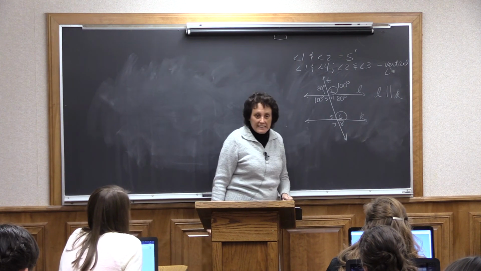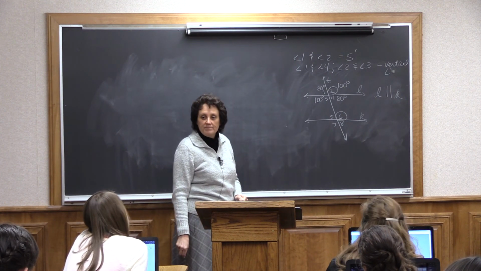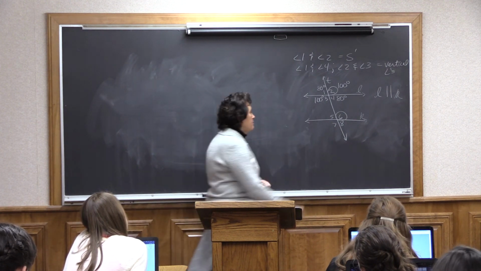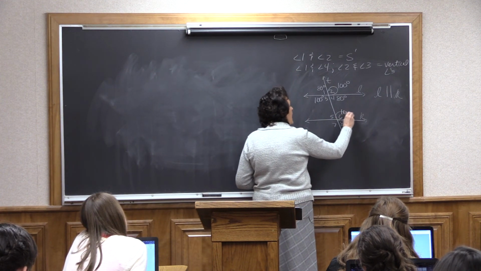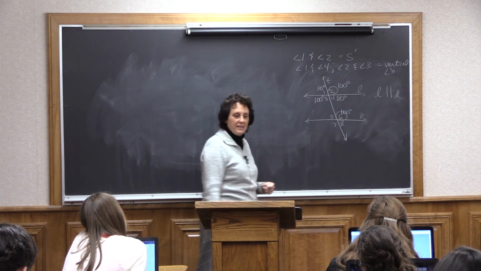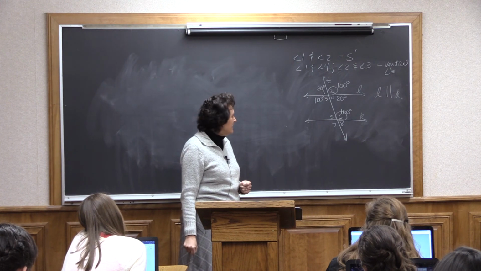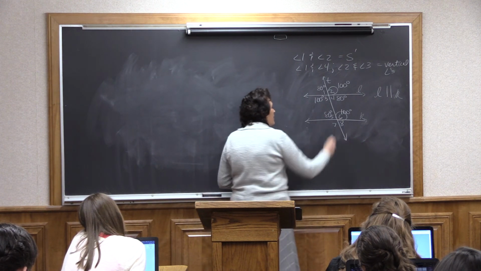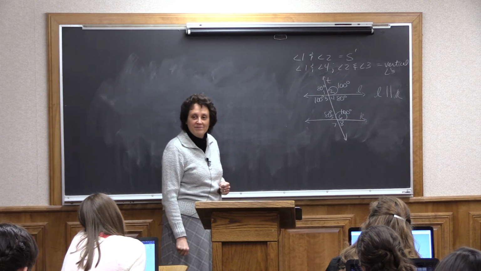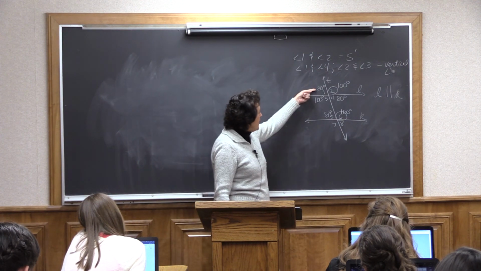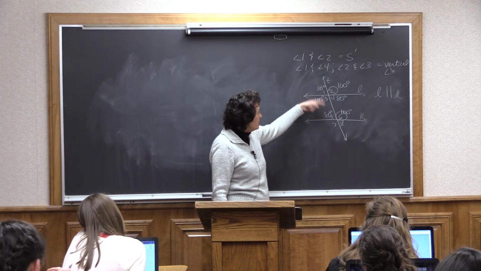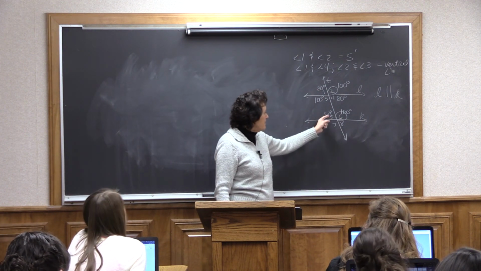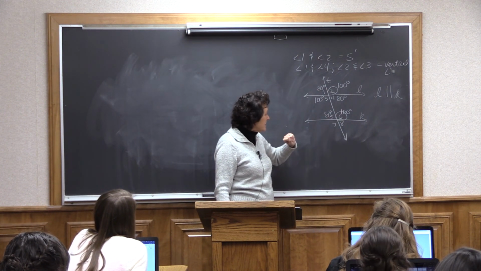What is angle 6? It's 100, because it's corresponding to 2. 5 is 80. 3 reasons. 5 corresponds to 1. 5 is supplementary to 6.